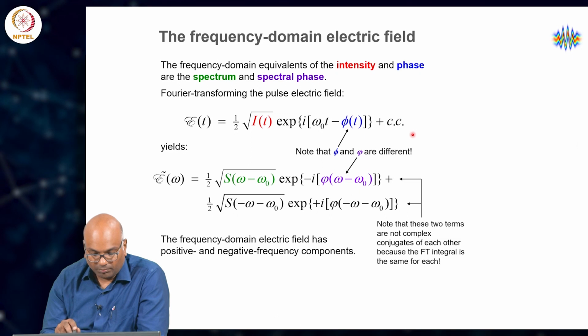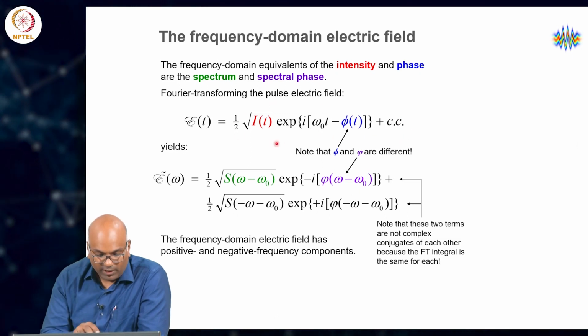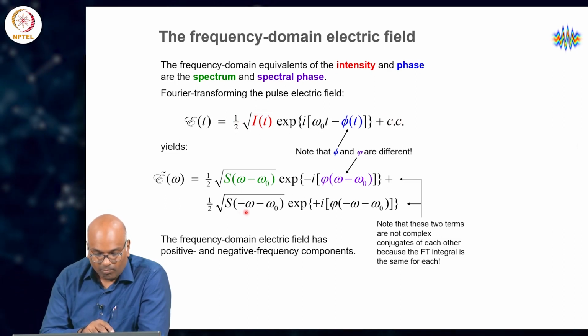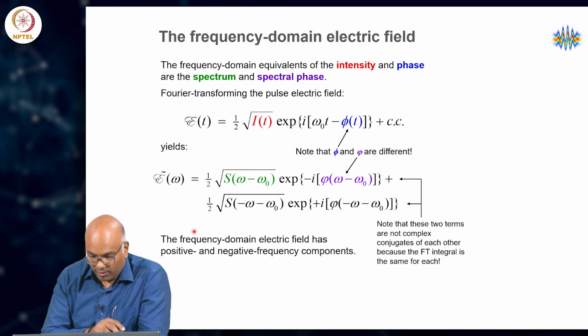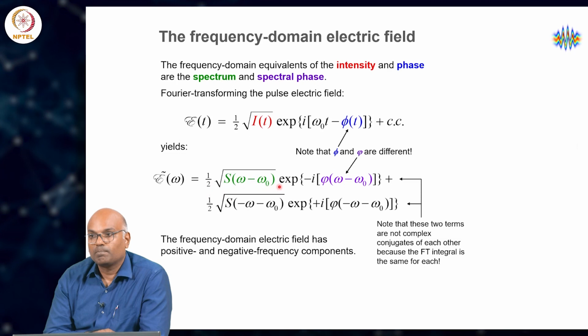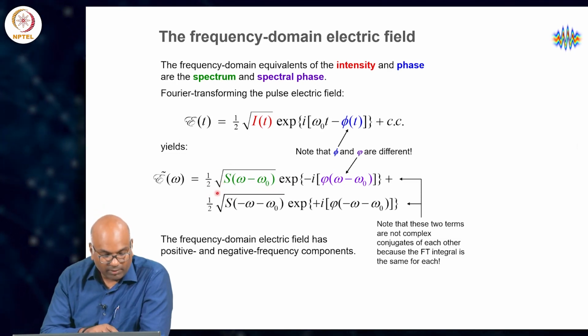So now we need to first take the Fourier transform of this guy and then the complex conjugate. In doing so, we would then realize that this gives us two terms. The first term has a spectrum.